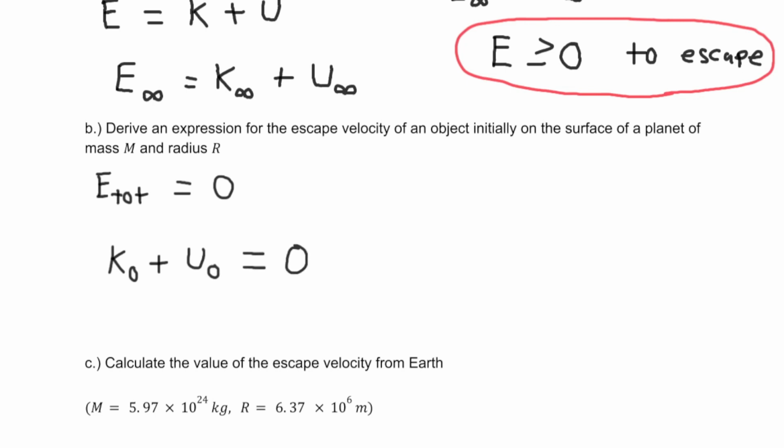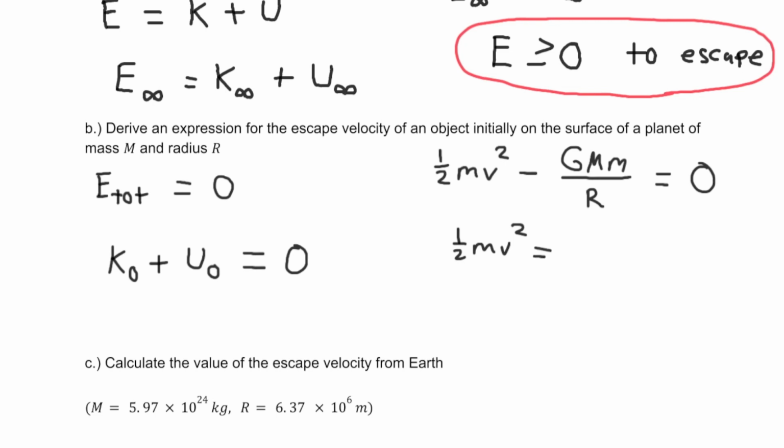Kinetic energy is just our typical 1/2 mv squared, and the gravitational potential is negative GMm over r, and that has to be equal to 0. Adding that to both sides, we get 1/2 mv squared equals GMm over r.